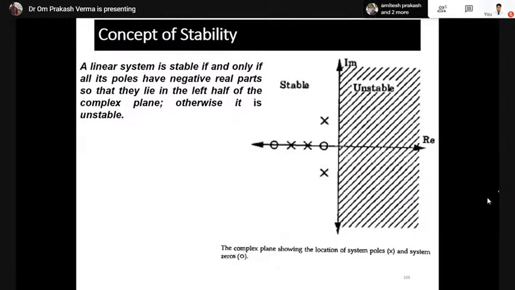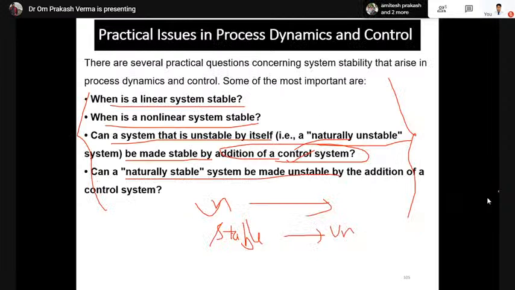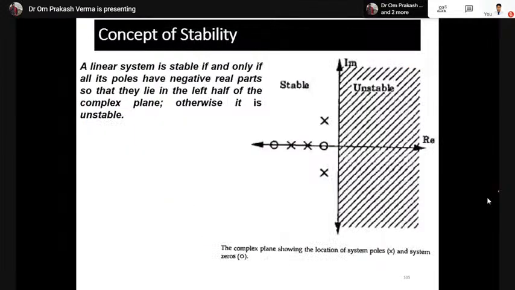Now, in terms of pole-zero terms, how is stability defined? It is a very basic, very raw definition, but the basic concept is always beneficial.